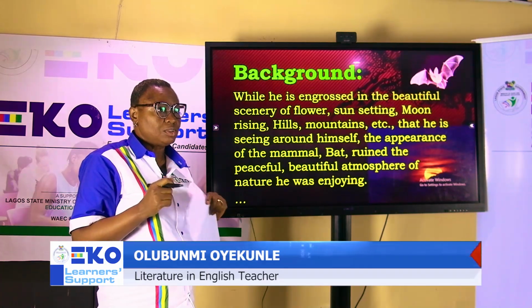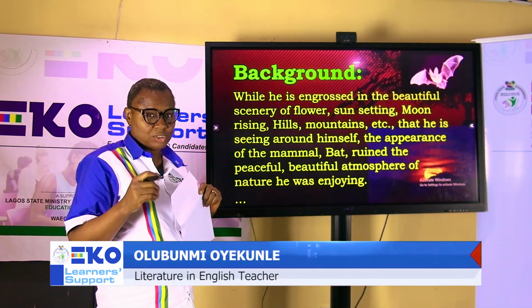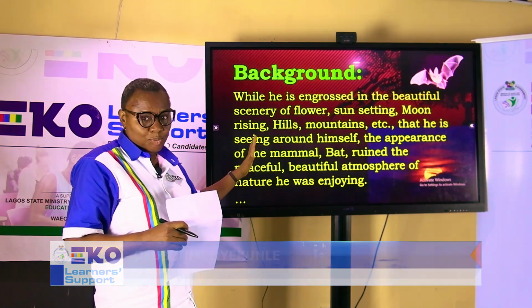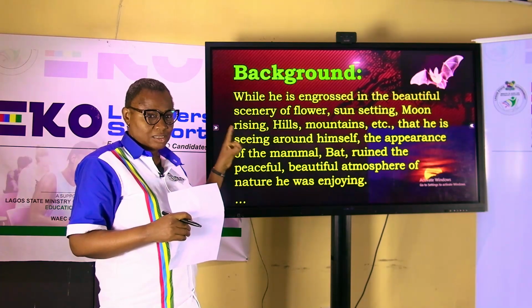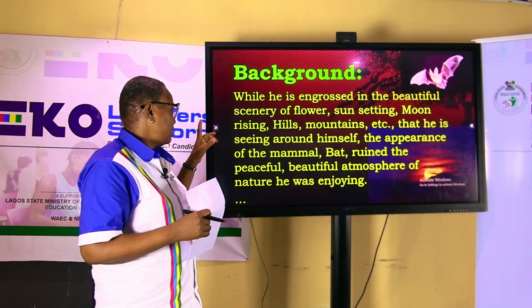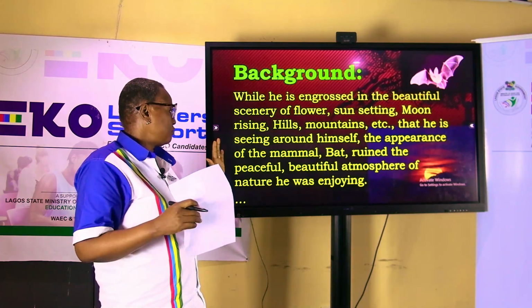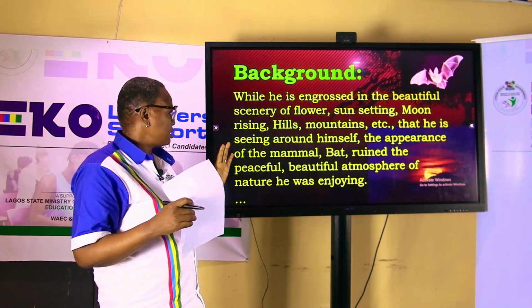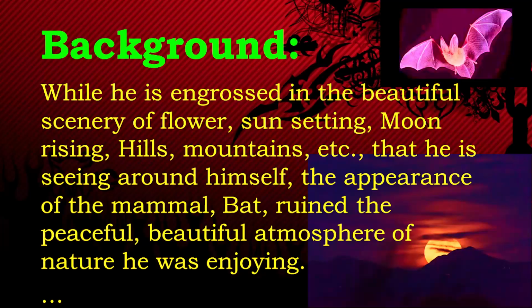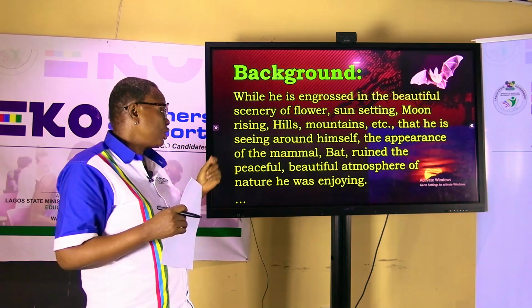Nature is worshipped, nature is celebrated. In that poem, we can see this characteristic. It shows the beautiful scenery of flowers, sun setting, moon rising, hills, mountains, etc. And that is seen around himself. The appearance of the mama bat ruined the peaceful, beautiful atmosphere of nature he was enjoying.